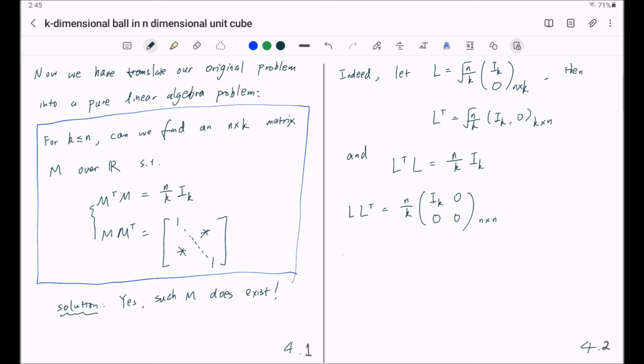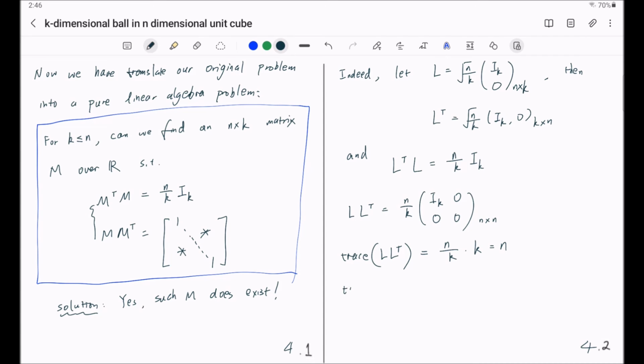But the good thing is, if you look at the trace of this matrix, the trace will be equal to n divided by k times k, which is n. Now, is it possible that we transform this product into some matrix whose diagonals are all ones, based on this information, that the trace is equal to n, which is n times 1? The answer is yes, we can do this.